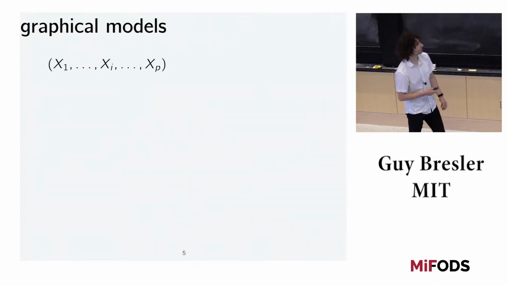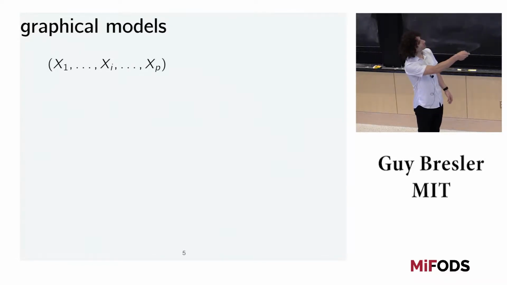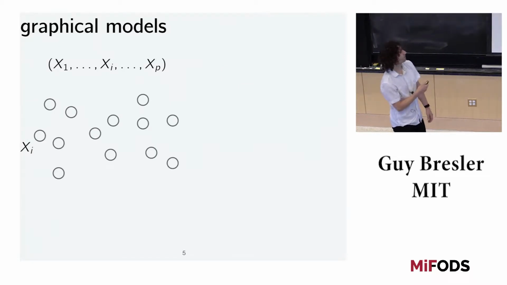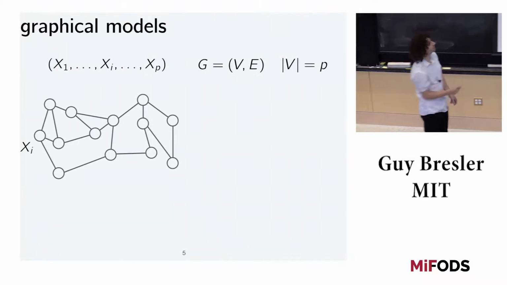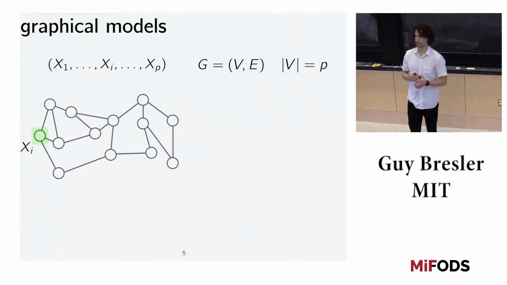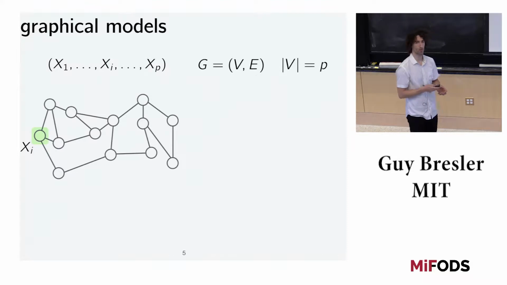All right, so graphical models from the very beginning. We'll use p to denote the dimension. So we have p random variables, x1 through xp. Each of those is a vertex in a graph. So there is some graph here. Now, the graph structure encodes the statistical dependencies, or conditional independence relationships, amongst the random variables.